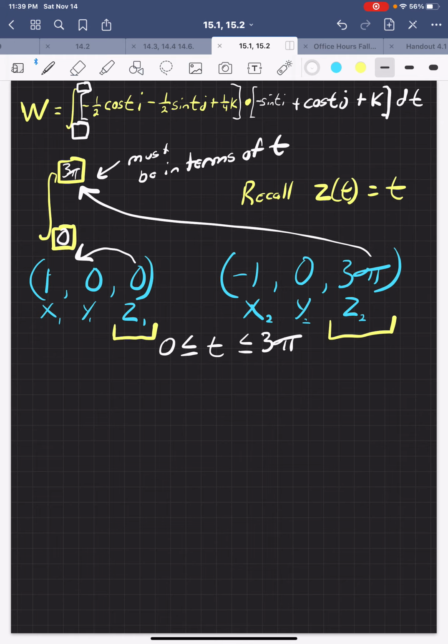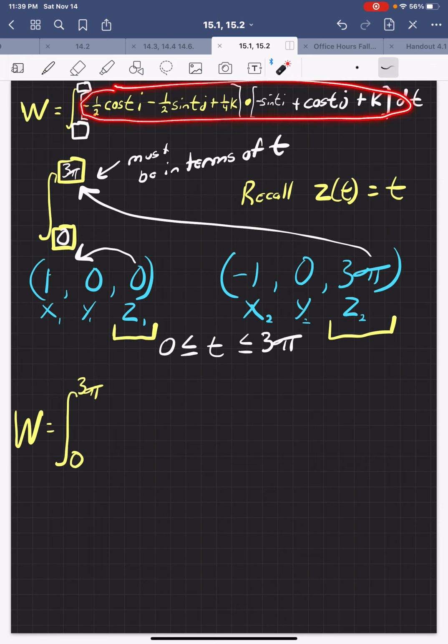So there we have it. So what I'm going to do is I'm not going to write all of that out. But the work is going to be, we're going to have to integrate from 0 to 3 pi. And then I'm going to be taking the dot product of these two vectors. So remember, dot products are fairly easy.